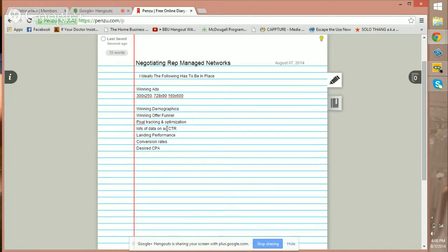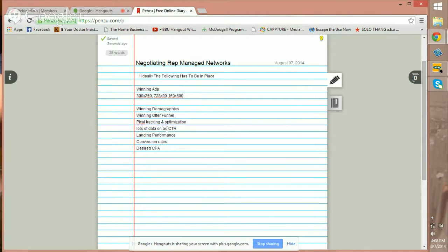How much does it cost you to make a sale, and how much can you afford before you start making a loss? So all those things are extremely important. You cannot ignore any of these things. Ignoring one or a few of these things could be very, very detrimental to your campaigns.